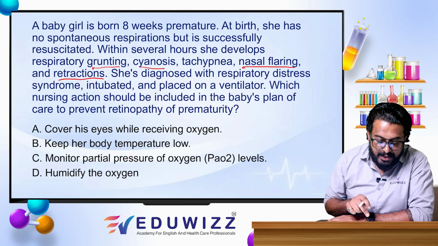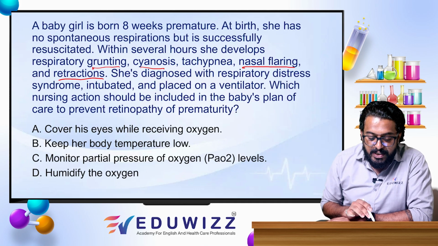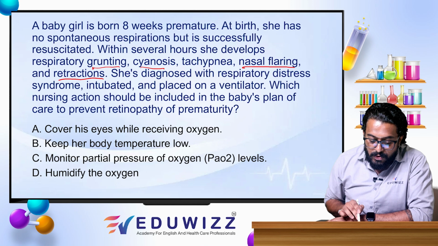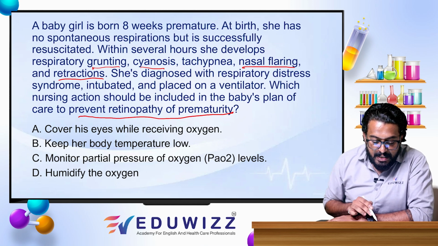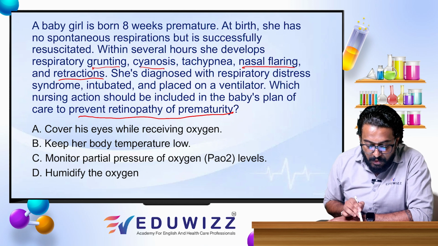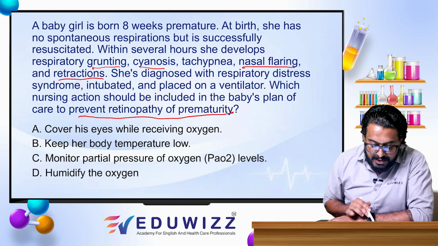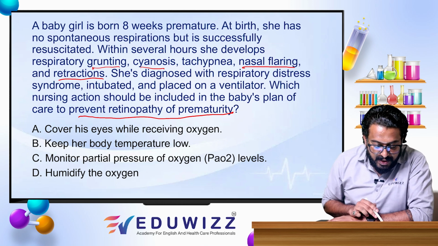So, coming to the question right now, an 8 weeks premature baby is born. Baby showed symptoms of neonatal respiratory distress syndrome. Which action should be included in the baby's plan of care to prevent retinopathy of prematurity? Cover his eyes while receiving oxygen. Keep her body temperature low. Monitor partial pressure of oxygen levels. Humidify the oxygen.